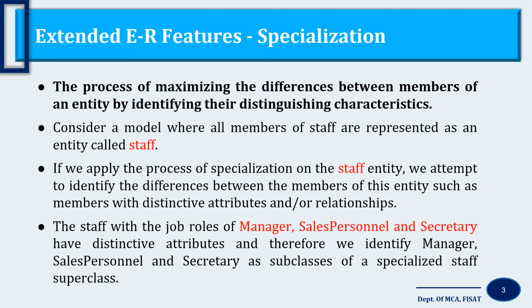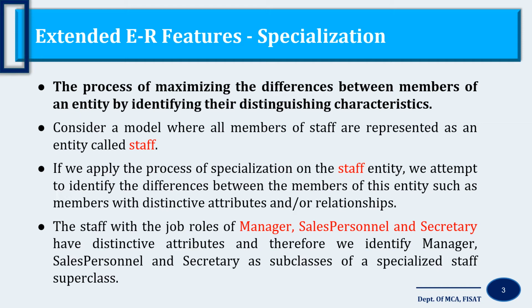We start from a general class, a superclass, and we identify the subgroupings, the subclasses, which will have their own characteristics. The process of maximizing the differences between the members of an entity by identifying their own characteristics can be called specialization.